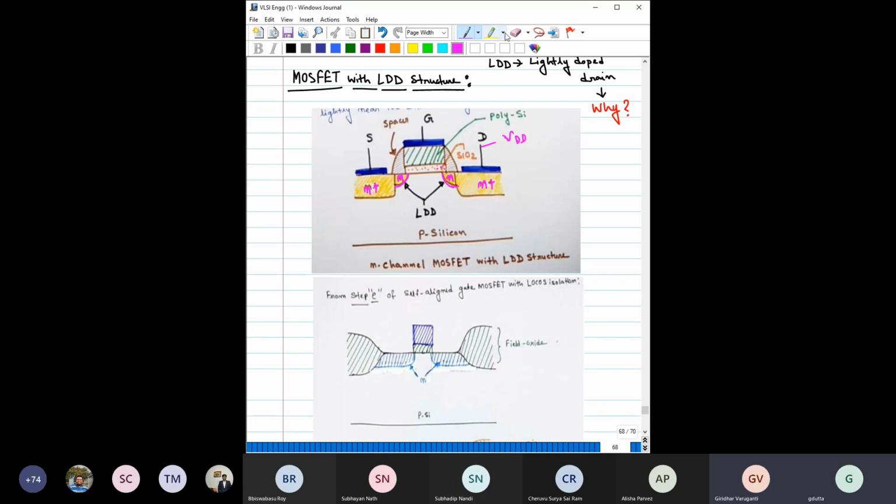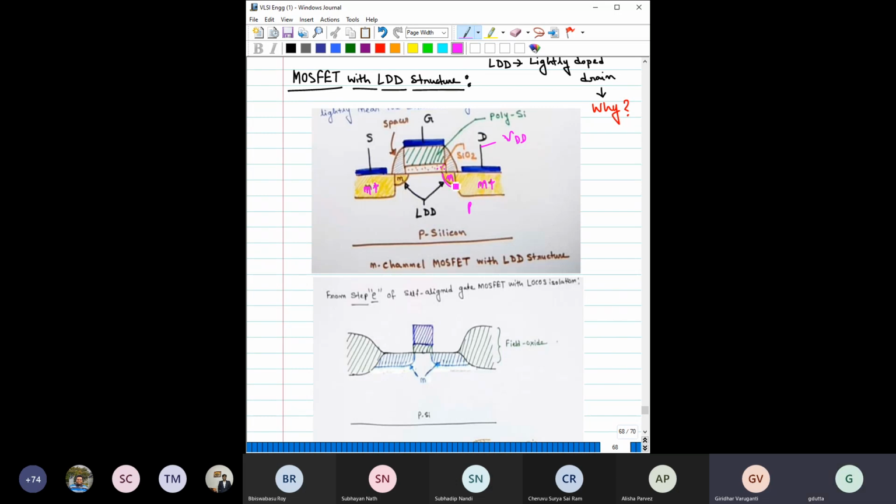So for the time being, let us forget about this side and only concentrate on this drain side. So they have made this N region, a lightly doped region here. The reason behind this is that this is a PN junction, right? So this is N plus, P plus. If you recall your semiconductor physics, when you have a higher doping, you have a higher electric field, right?